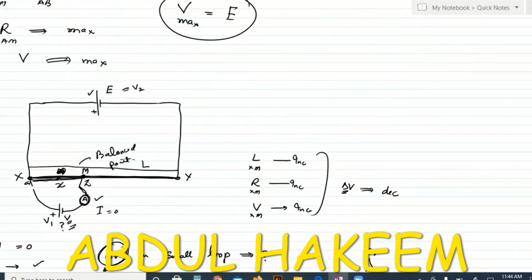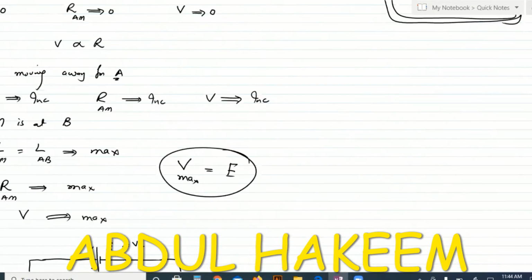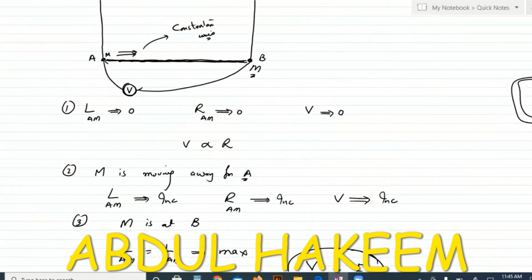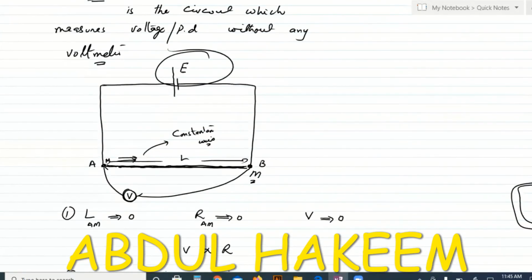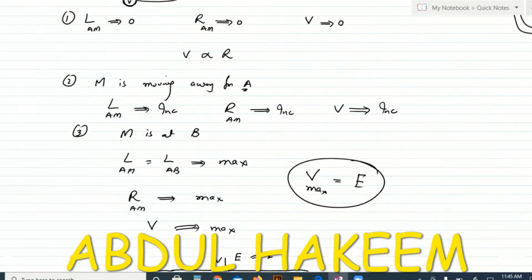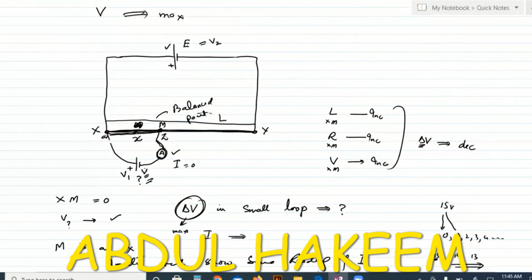So this known cell is giving the potential when the voltmeter is connected between A and B, total length L. So for L length, the voltage is equal to E. And for X length, the voltage is equal to this unknown cell.